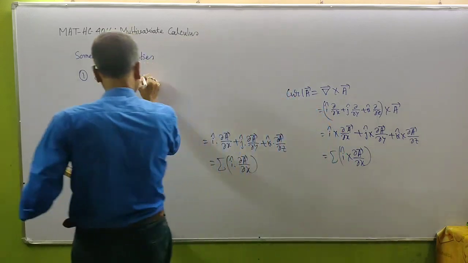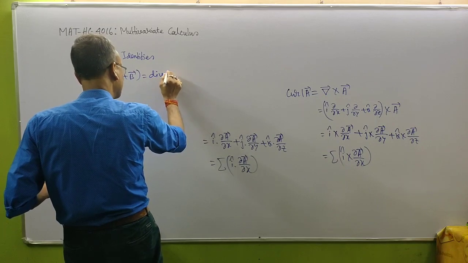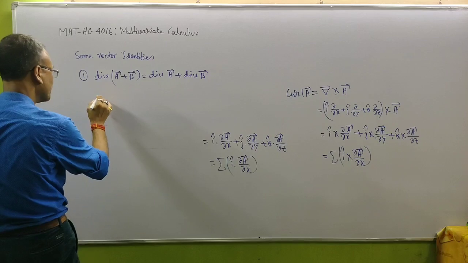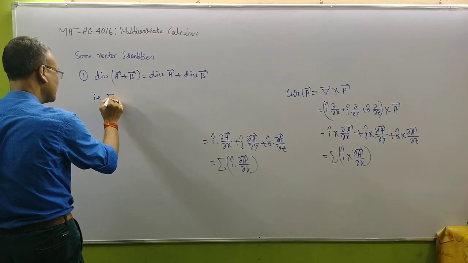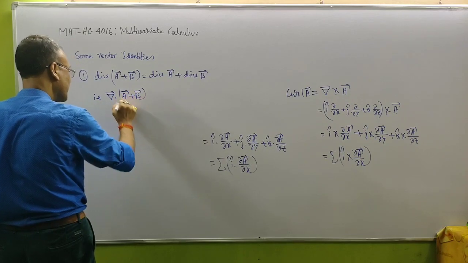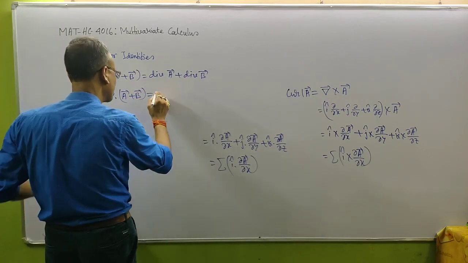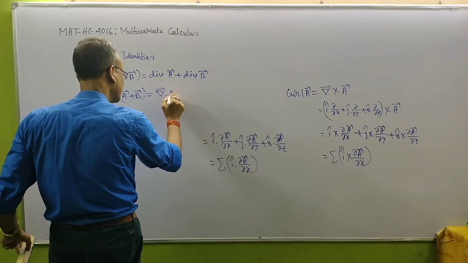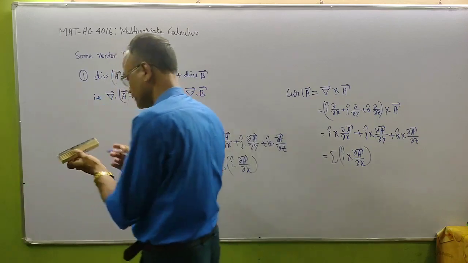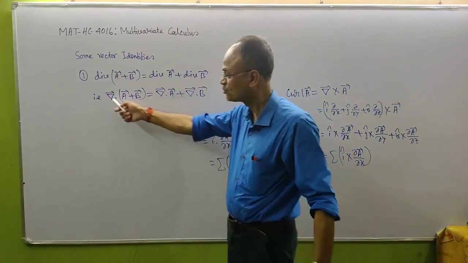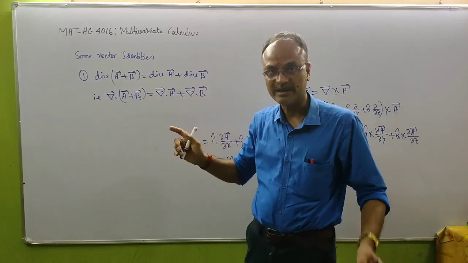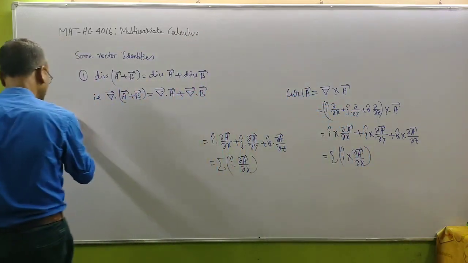Divergence of A plus B is equal to divergence of A plus divergence of B, or you may write: nabla dot (A plus B) equals nabla dot A plus nabla dot B. It also stands for divergence of A plus B equal to divergence of A plus divergence of B. Let me prove this.